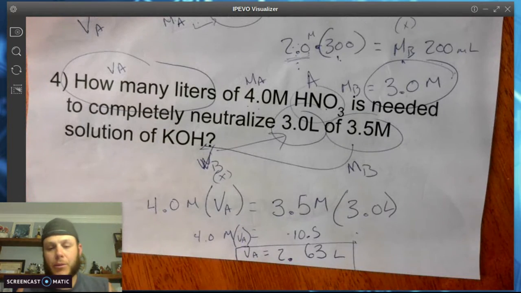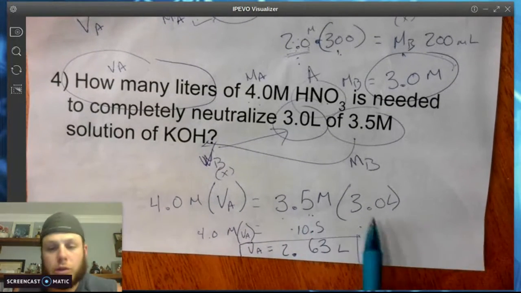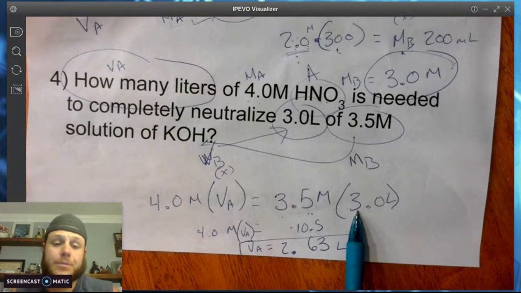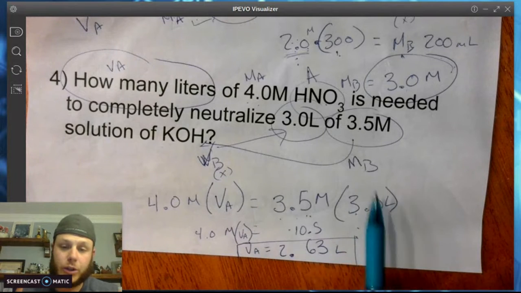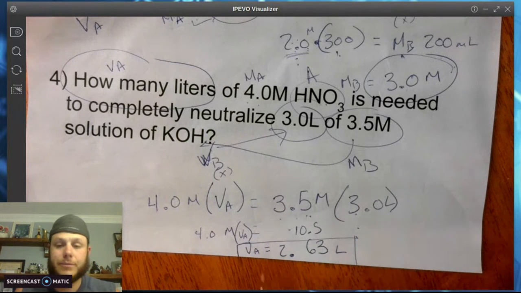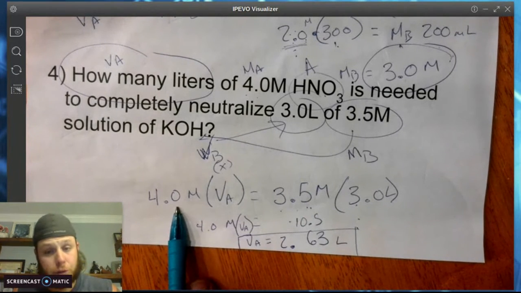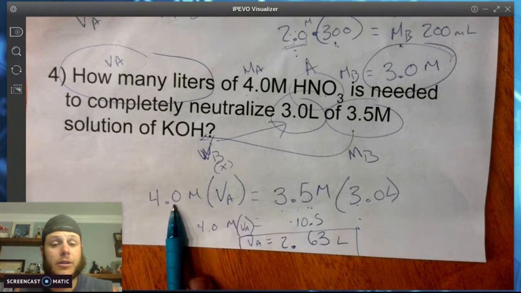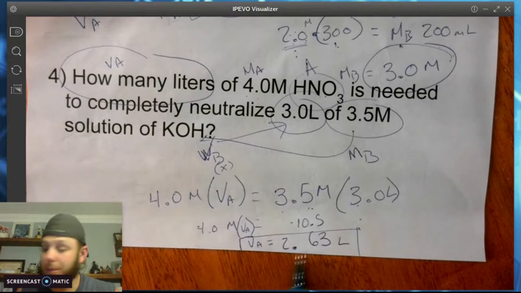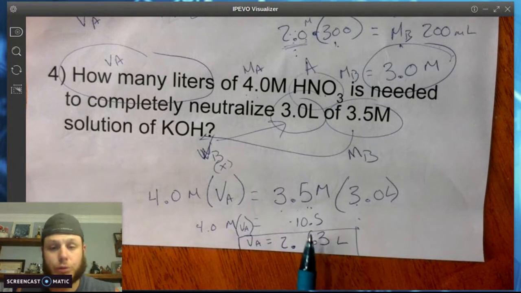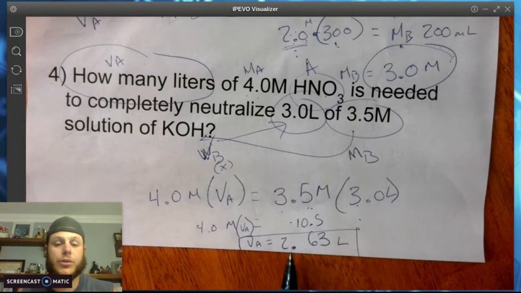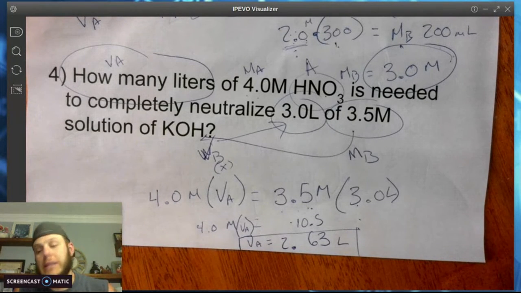Again, what that means is I had a 3.5 molar solution and 3 liters of it, which gives me a total number of base ions. I had a 4 molar solution, so a stronger solution, and if I have a stronger solution, I'm going to need less to neutralize the weaker solution. That's why you see the liter quantity goes down.